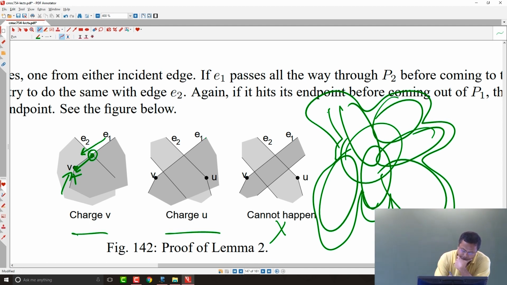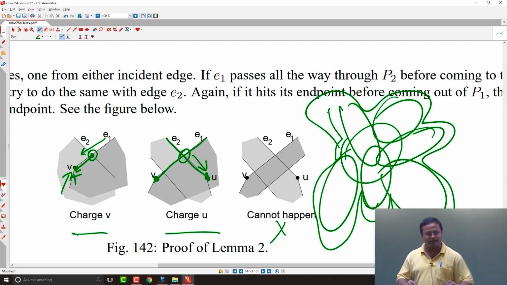For the other, if E1 budges through this shape E2, which is again a pseudo disk, and goes outside, then it must be so that E2 should finish inside, otherwise it would not be a pseudo disk. Then put this charge here.